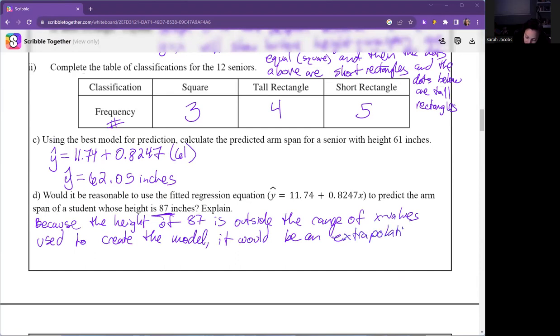So again, that word extrapolation is when the input value is outside the range of inputs used to create the model, and therefore potentially unreliable.